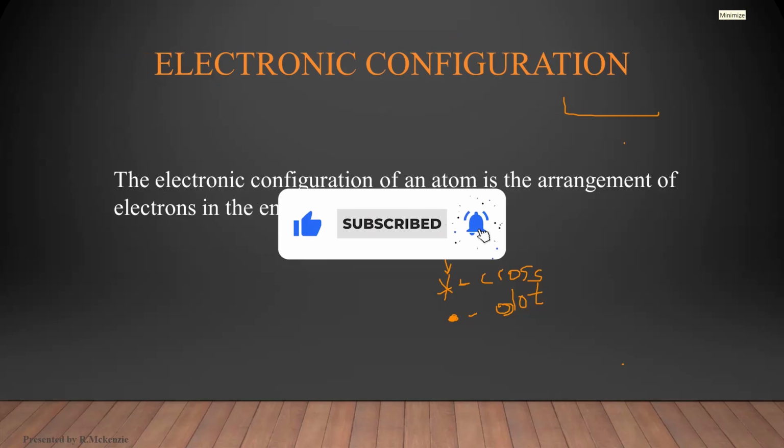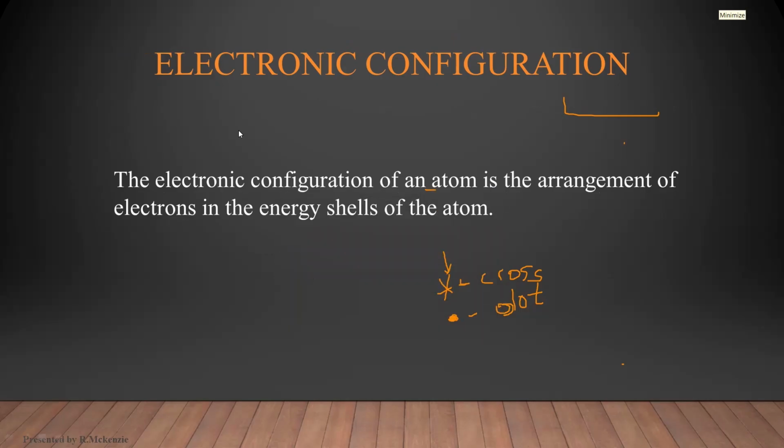Sir, I understand. Good. Now, the next objective would be EC, right? And the reason why we're doing it like this is because both of the terms are tied together. It's similar to the atomic structure, the EC, right? They work hand in hand. Now the EC basically shows how the electrons are arranged on the shells.